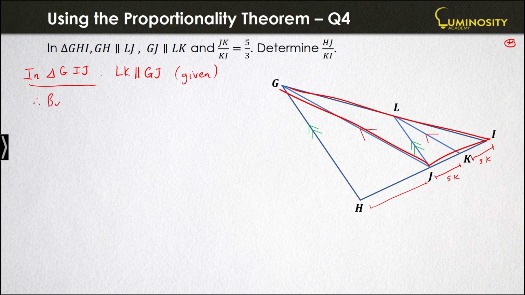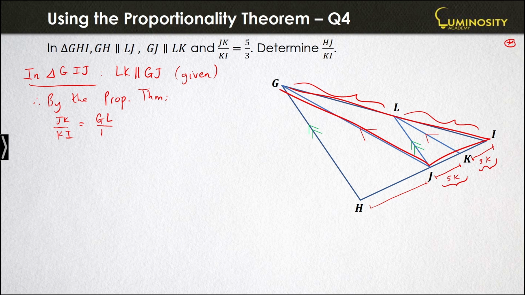So therefore, by the prop theorem, I can say the following. I can say that the ratio JK over KI, so this ratio here to that ratio there, the side lengths, is the same as GL to LI.